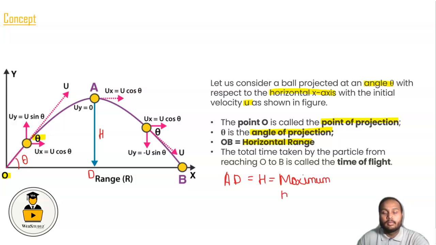One more thing we need to learn: the total time taken by this ball to reach from O to B, that is the total flight, is called the time of flight.